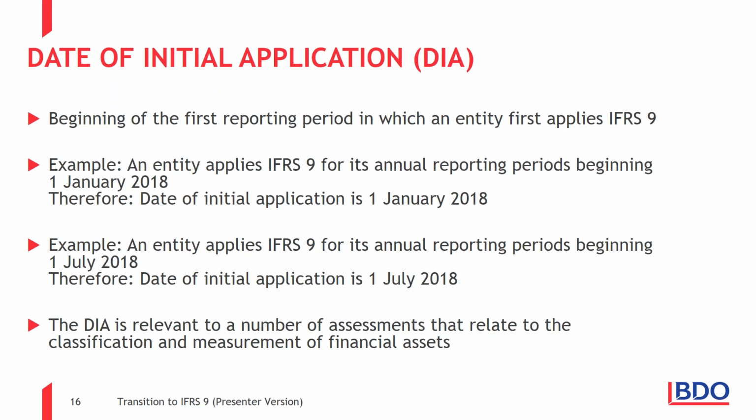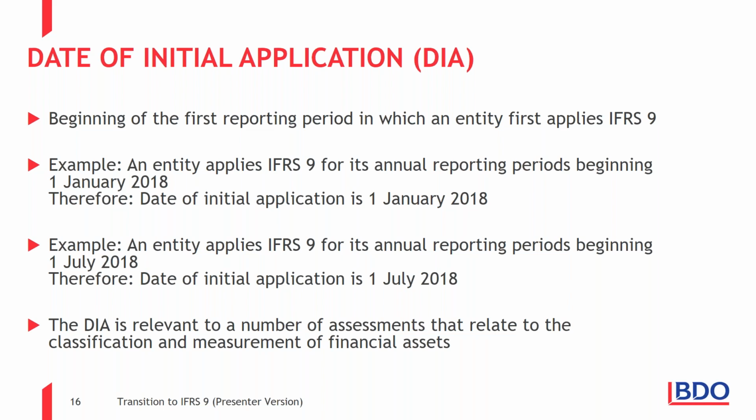However, in the third bullet point, the second example, if an entity applies IFRS 9 for its annual reporting periods beginning on 1 July 2018, the date of initial application would be 1 July 2018, and that would be because the first annual report will end 30 June 2019. So your date of initial application is the beginning or the first day of the first reporting period in which you apply IFRS 9.